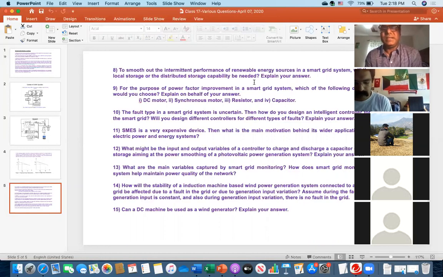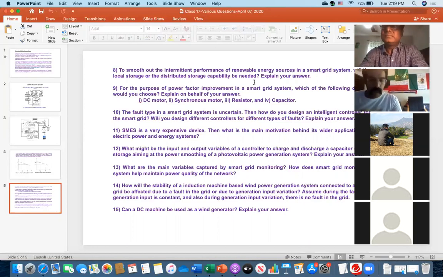It will reduce the further ripple that might still come out from each of those individual or local sources. Distributed storage means storage placed at scattered locations throughout the network. Local storage means storage placed at each and every generation source. That's why, to smooth out the intermittent response of renewable sources, you need both local storage as well as distributed storage capability.